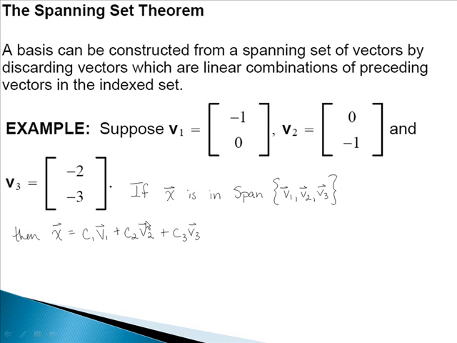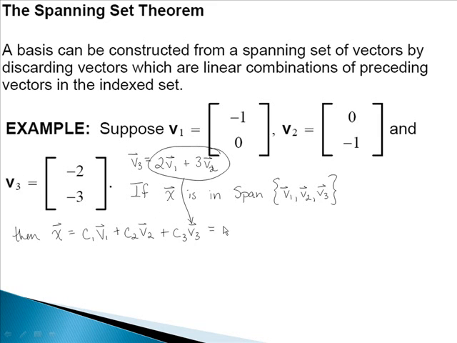But if we have a look at v3, we can see that v3 is a linear combination of v1 and v2. It is 2 times v1 plus 3 times v2. So I can use this expression for v3 here.